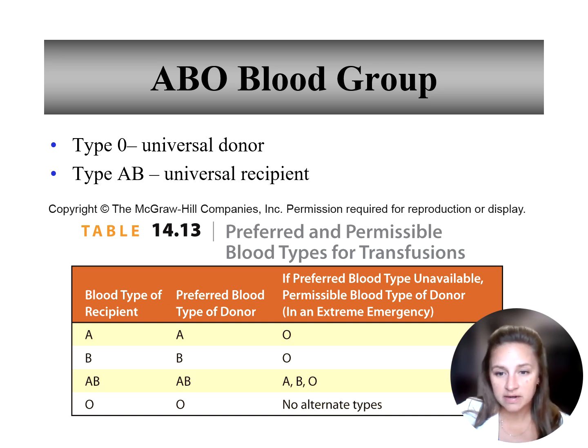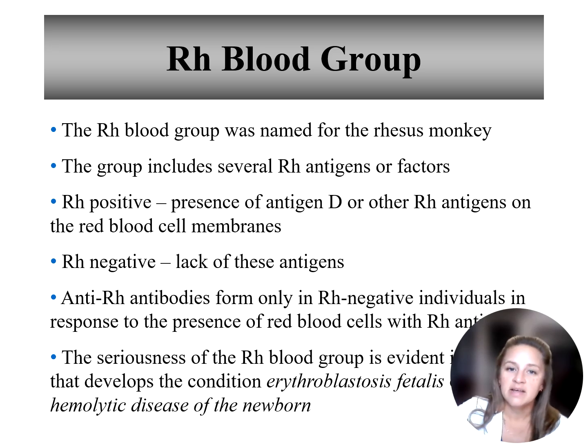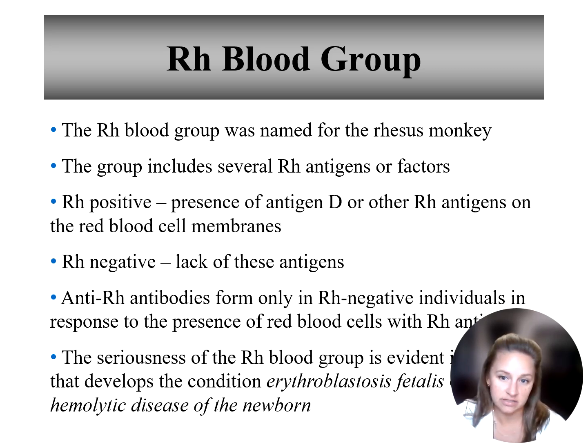You also might hear something about being AB positive, A positive, something like that. So where does that come from? That comes from this Rh blood group. This Rh is named for the rhesus monkey, where it was first studied and learned about. This is testing for the Rh antigen. So this is just another antigen.